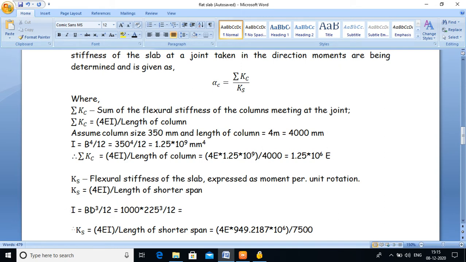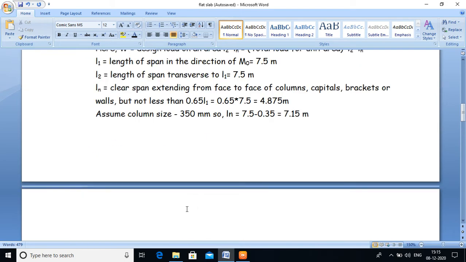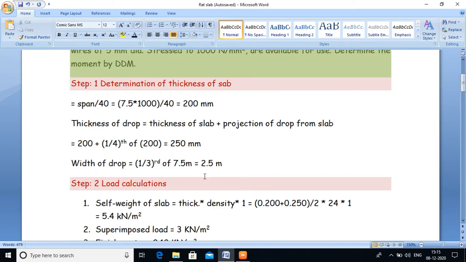We also calculate the moment of inertia for the slab. Here we consider the unit width for the slab, so 1/12 BD cube. B we consider as the unit, and D is nothing but the depth of the slab. In the first step we have calculated two depths: one is the depth of slab, and the second is the thickness of drop, 250 and 200.